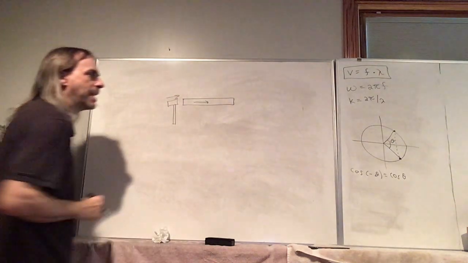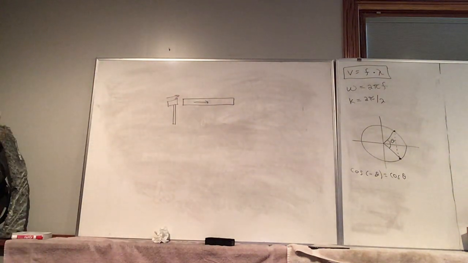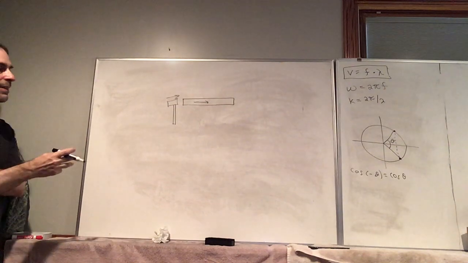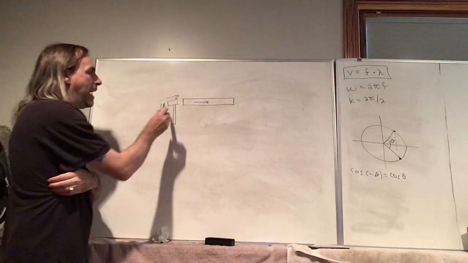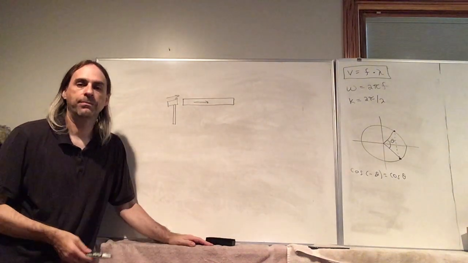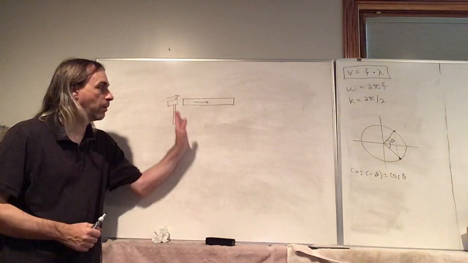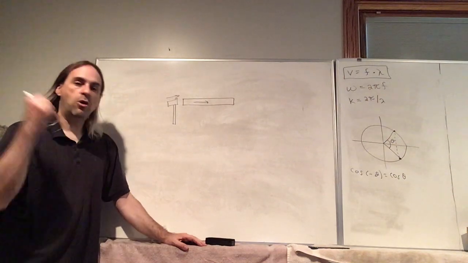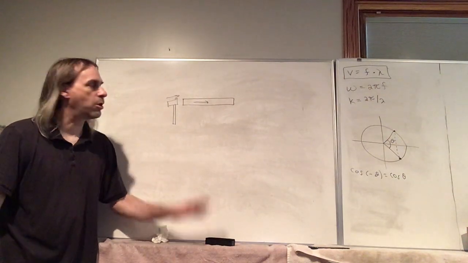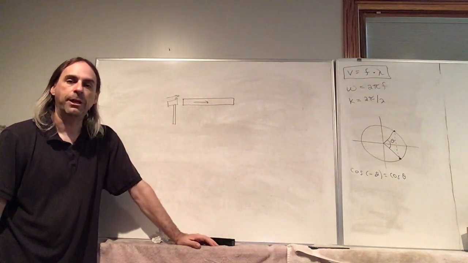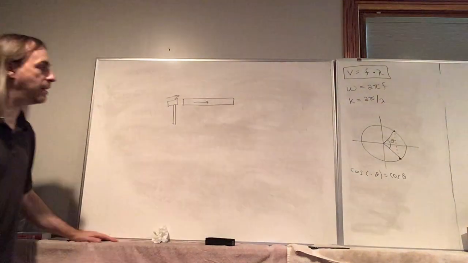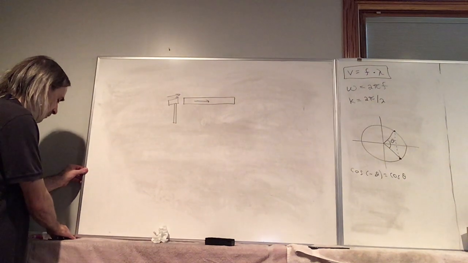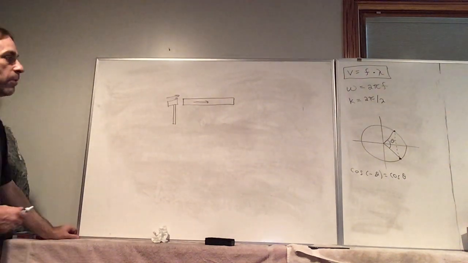Now, how fast is that wave going to move? Well, it depends on certain things, but the interesting thing is, it does not depend on how hard you hit it. If you just tap it, you'll create a wave traveling through this bar, or if you really pound on it with a hammer, the wave's going to travel the same speed. Kind of interesting. Maybe not an intuitive result, but that's the way it works.